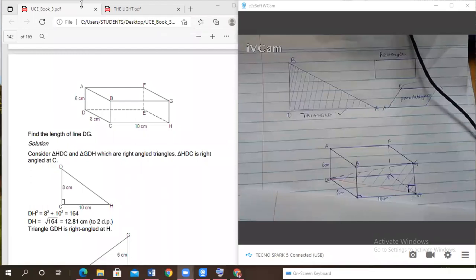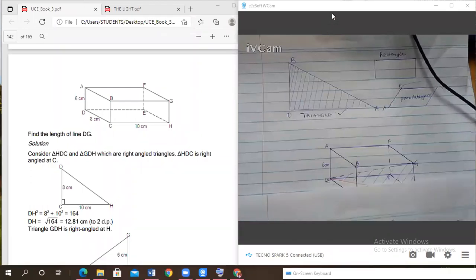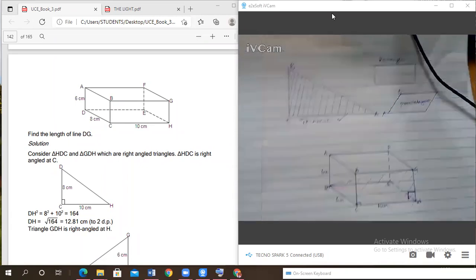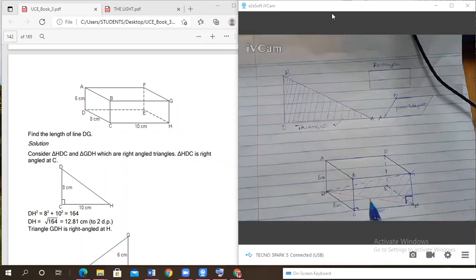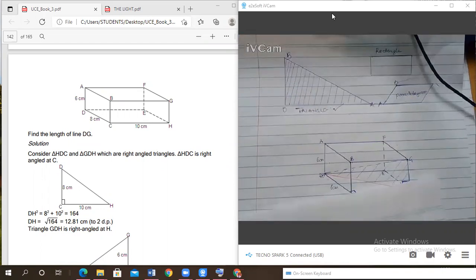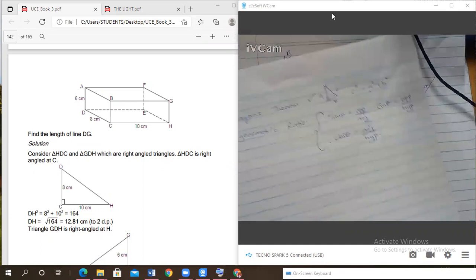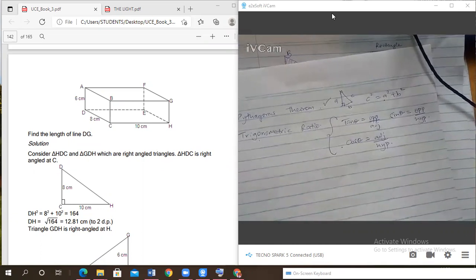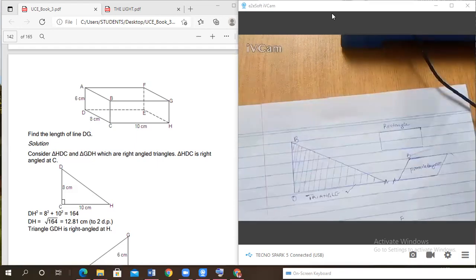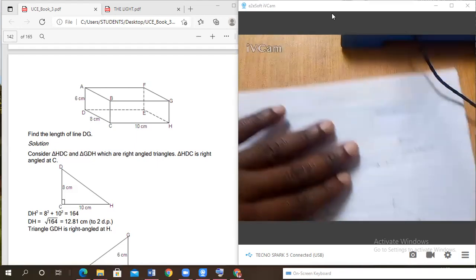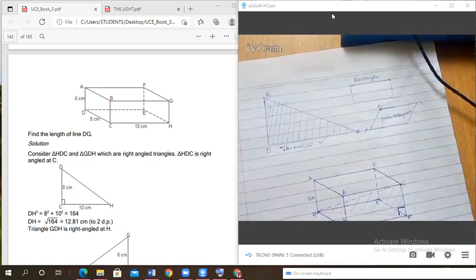So let us proceed. From here, let us see how we can get this line DH. So we are going to extract out this triangle DEH, that triangle on the base. Let me get another paper here and I'll show you. I'm going to draw that triangle which is inside.